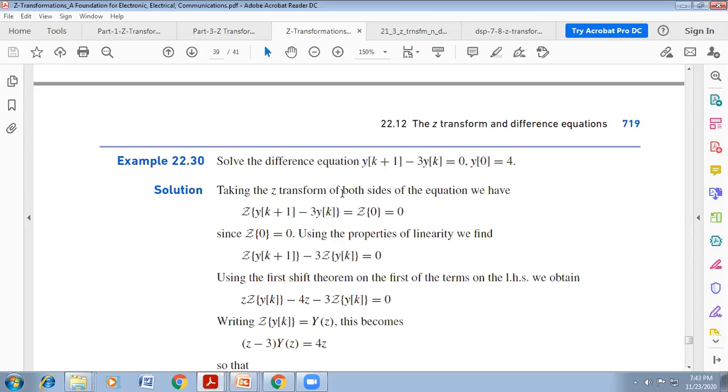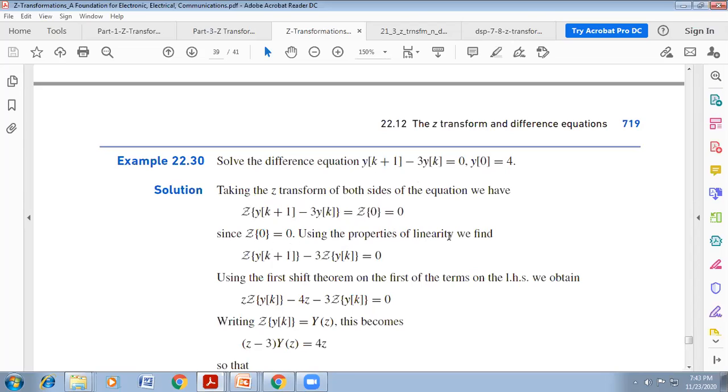The Z transform of the sequence y(k+1) minus 3 times the Z transform of yk, the whole left hand side, equals the Z transform of 0. What will it be? Only 0. By the definition of the Z transform, if you put the sequence 0, the Z transform will be 0.